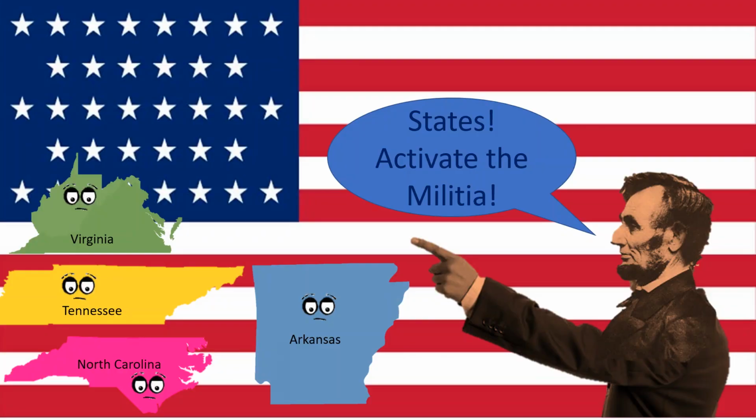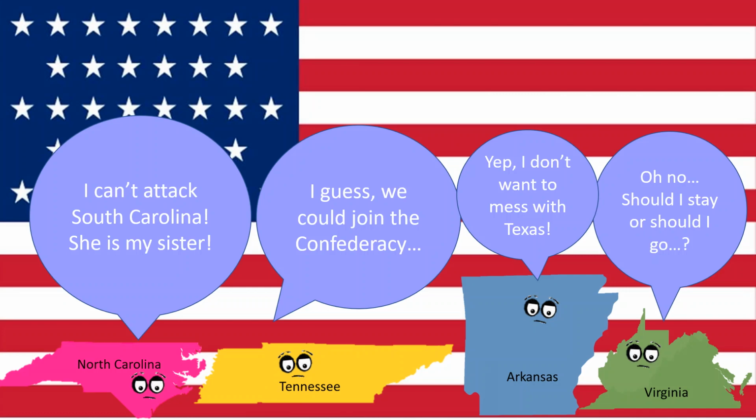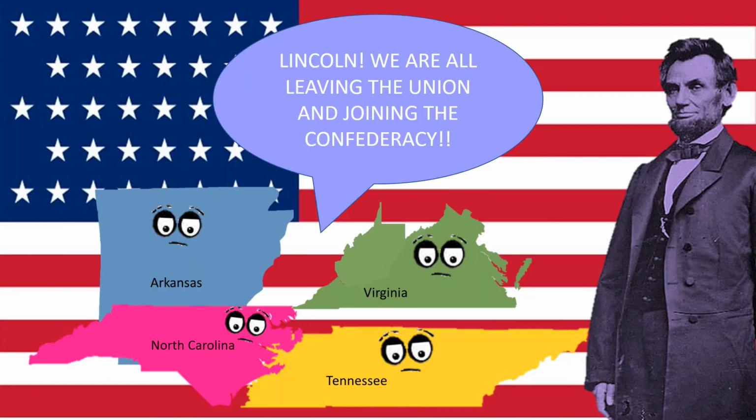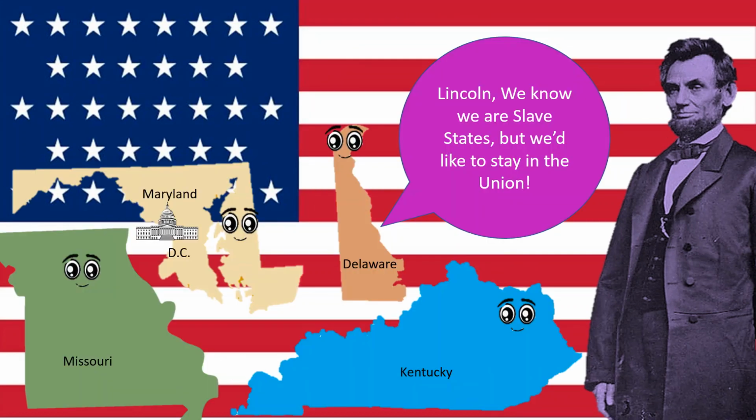Lincoln called on all the other states to supply militia to put down the rebellion. Virginia and 3 other states from the Upper South joined the seceding states rather than fighting against them. The border states of Missouri, Kentucky, Maryland, and Delaware sided with the North and stayed in the Union.